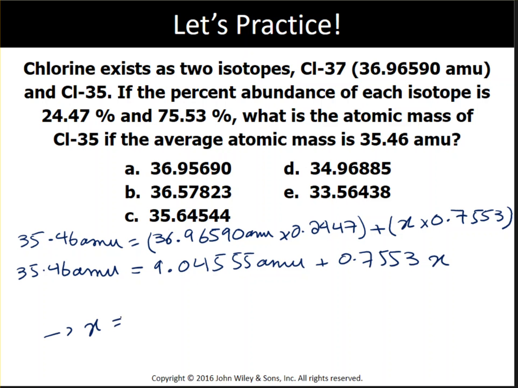And from here, x is 34.96885, and the unit is AMU.